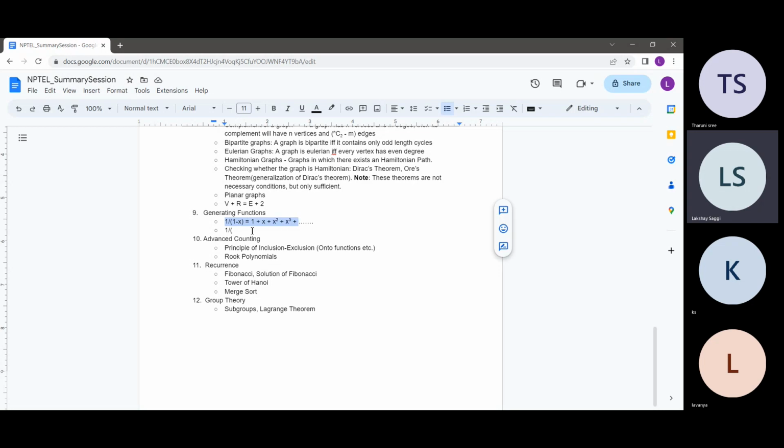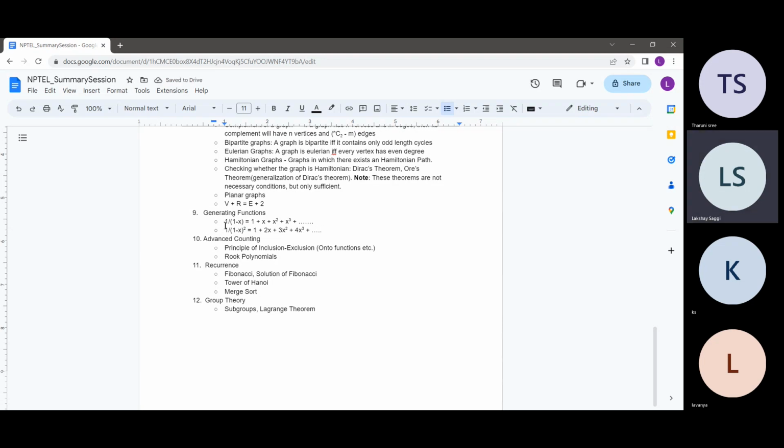Similarly, there can be multiple generating functions. Another important one: suppose we differentiate both sides. 1 upon 1 minus x, when differentiated, gives 1 upon (1 minus x) whole squared. Differentiating the other side, differentiating 1 gives 0, x gives 1, x squared gives 2x, x cubed gives 3x squared, plus 4x cubed and so on till infinity.